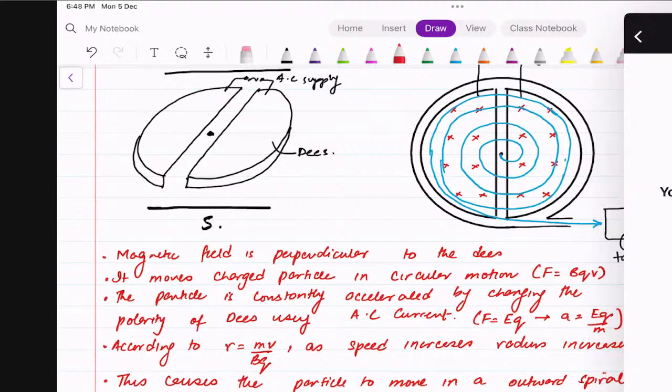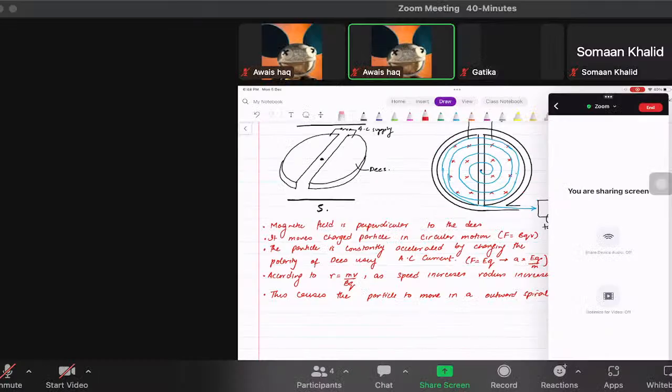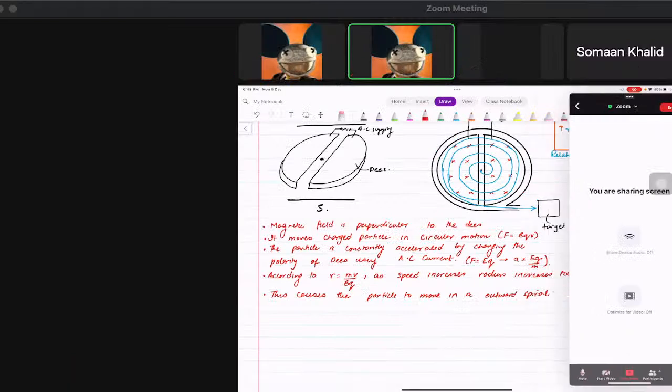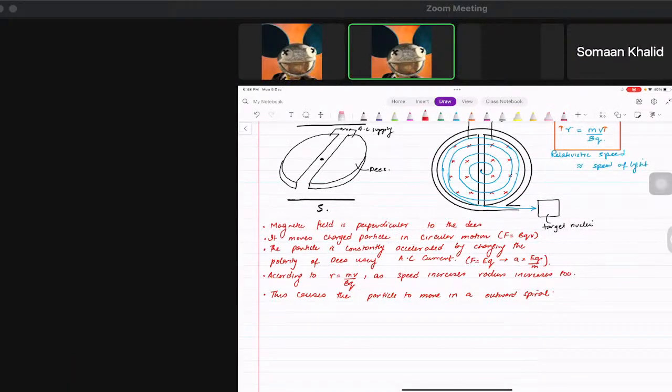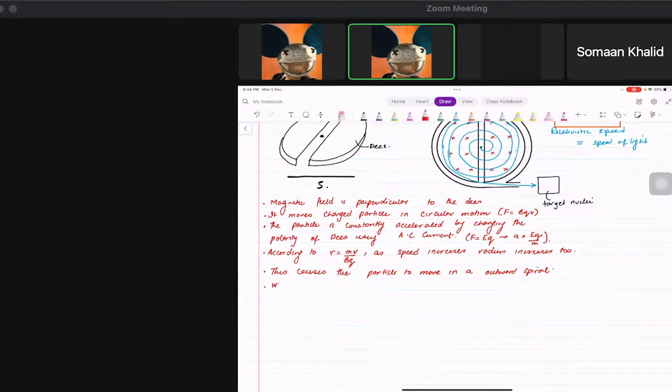All right. Okay. Now, when it reaches the required speed, it is targeted onto a target nuclei.